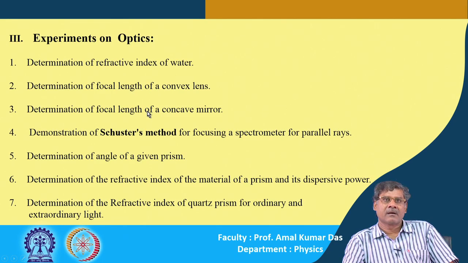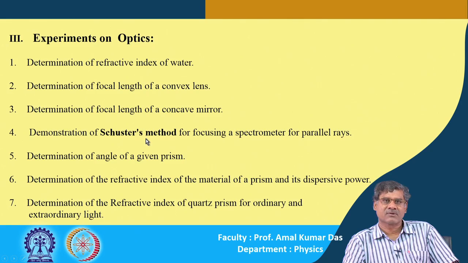Then we will discuss the determination of the focal length of a convex lens and the focal length of a concave lens, and then we will demonstrate Schuster's method. This is a very important method in optics. In the optics laboratory, this method is very important, and what is its importance?